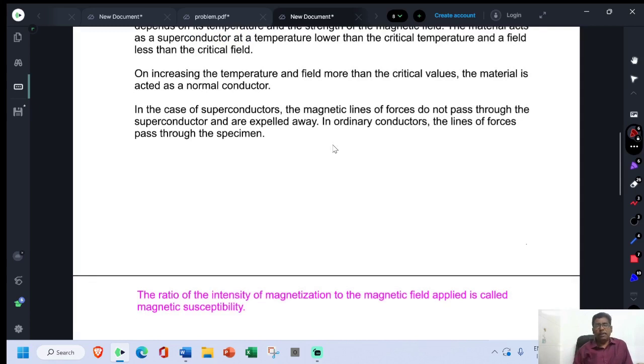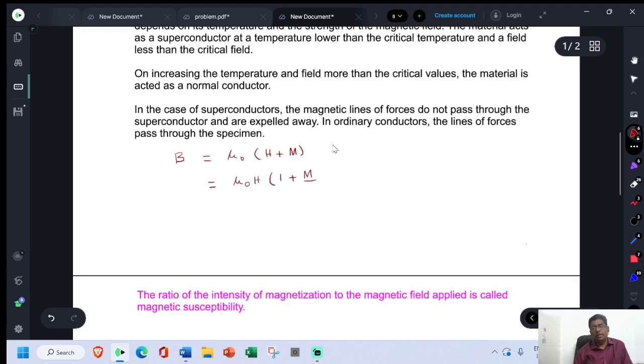The magnetic field B is equal to mu naught into H plus M. Now take out this H outside, you can get 1 plus M by H. Here magnetic susceptibility chi equal to M by H. Here M is intensity of magnetization, H is the field applied.